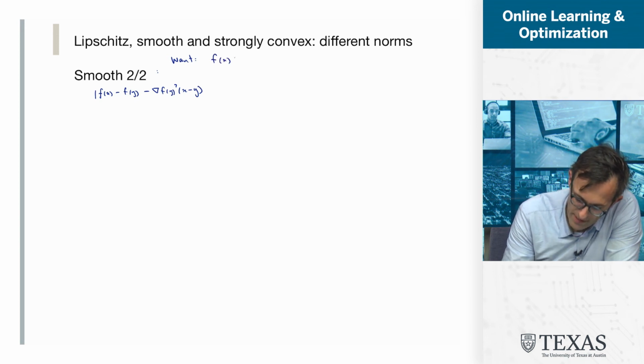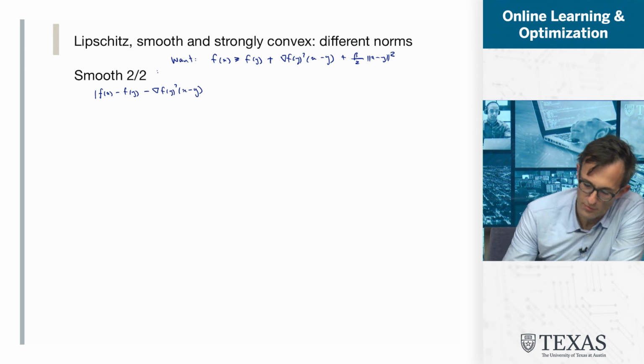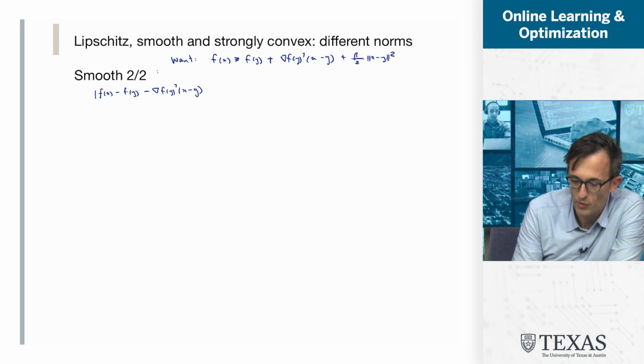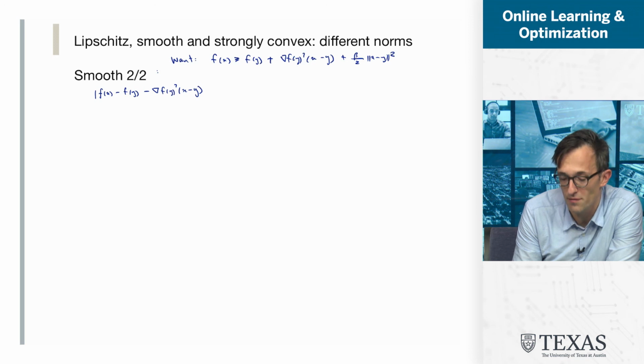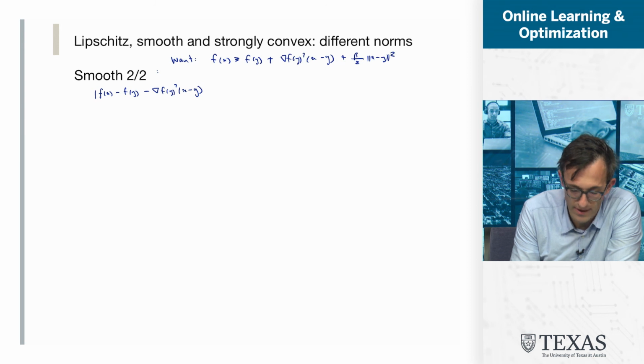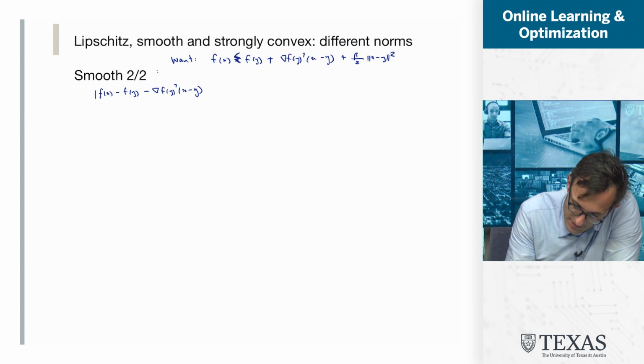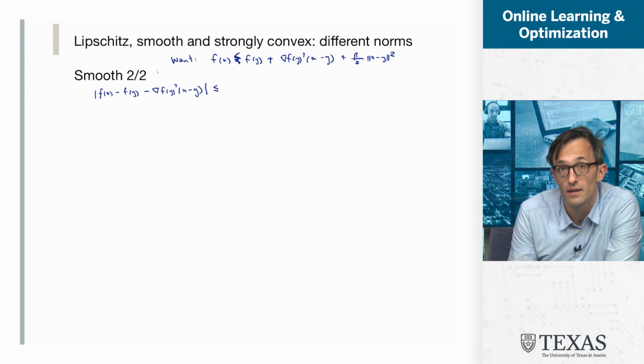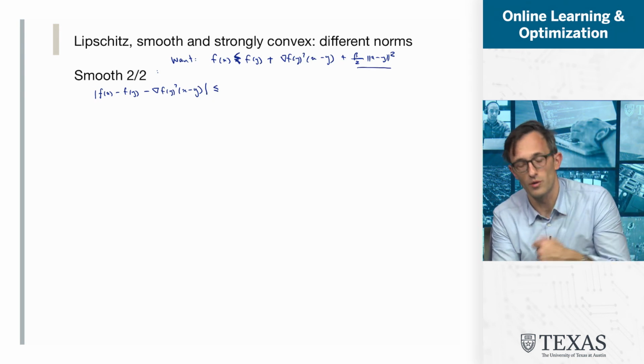I'm going to show that f of x is upper bounded by f of y plus gradient of f of y times x minus y plus beta over 2 times x minus y squared. So what I've done here is I've put f of y plus gradient of f of y x minus y over on the left-hand side, and I'm subtracting it from f of x. So I'd like to show that this is a quadratic upper bound, that this is upper bounded by something that looks like this term on the right. This is eventually where we're going.